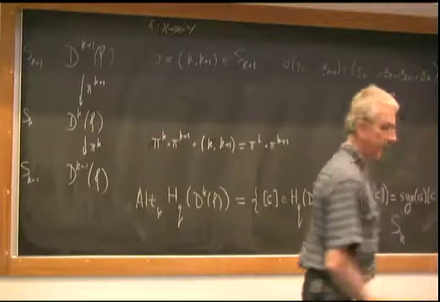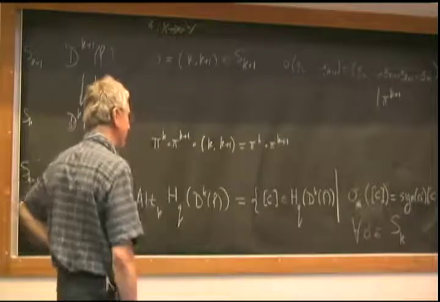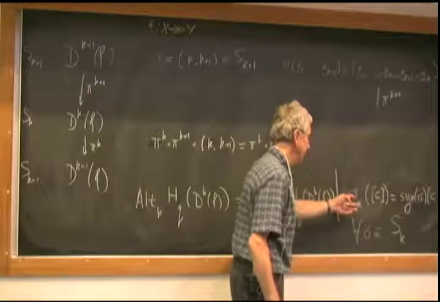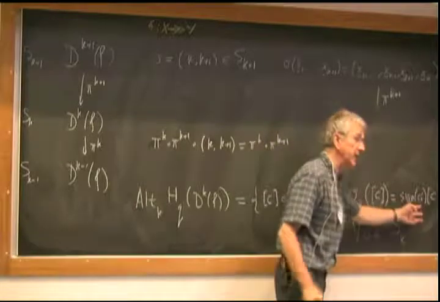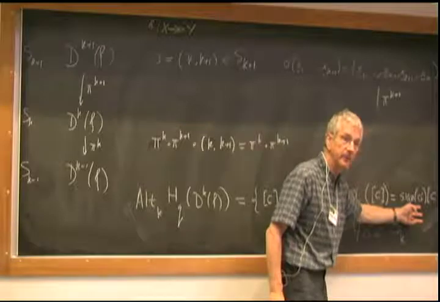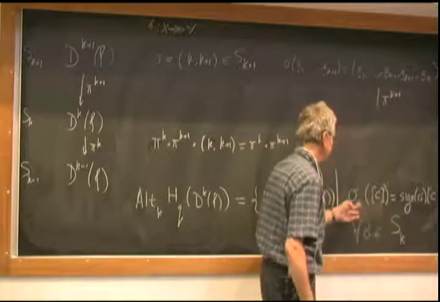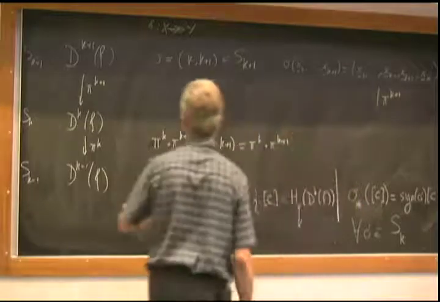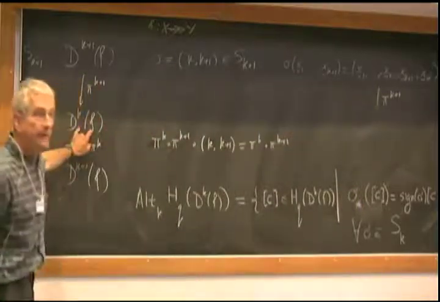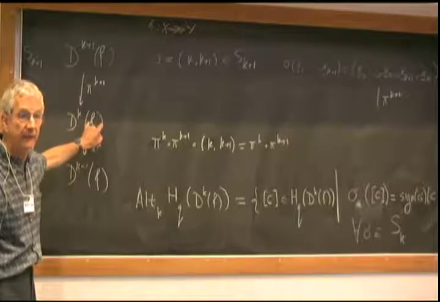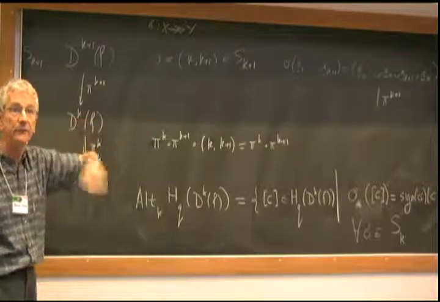So sigma is a permutation, so it has a sign, plus 1 or minus 1, an even permutation or an odd permutation. But sigma is acting on the space D_k f. When I apply this permutation, it maps D_k f to itself, and that induces a map on the homology of D_k f.